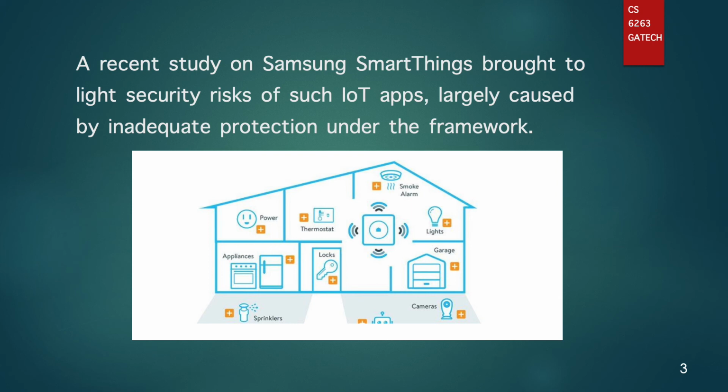Specifically, if we look at the Samsung SmartThings app, a recent study on that brought to light a security risk that is largely caused by inadequate protection under the framework. This is basically what this research paper actually focused on.